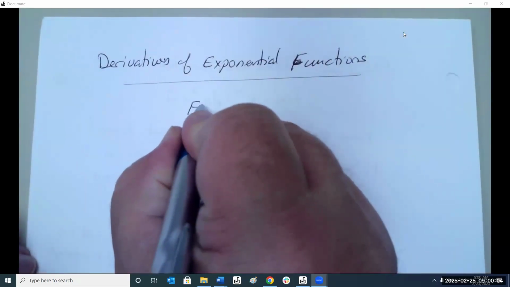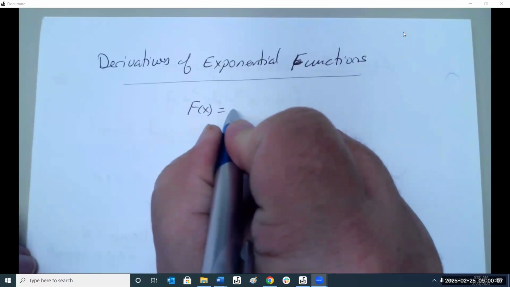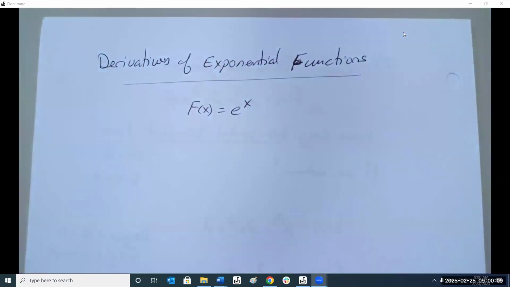When we say exponential function, the most common that we talk about is that.